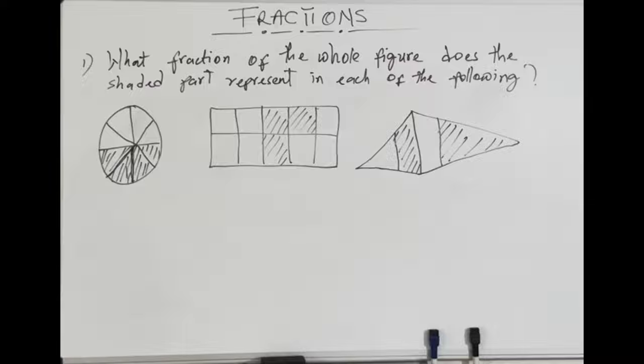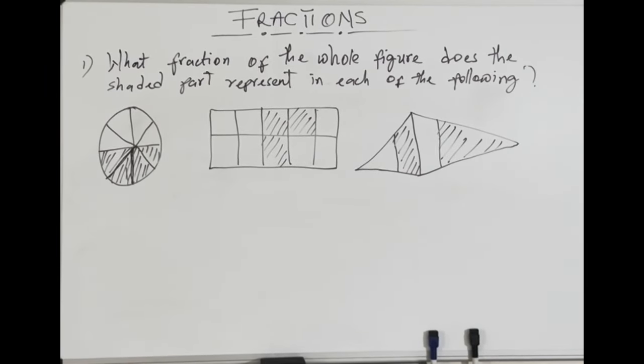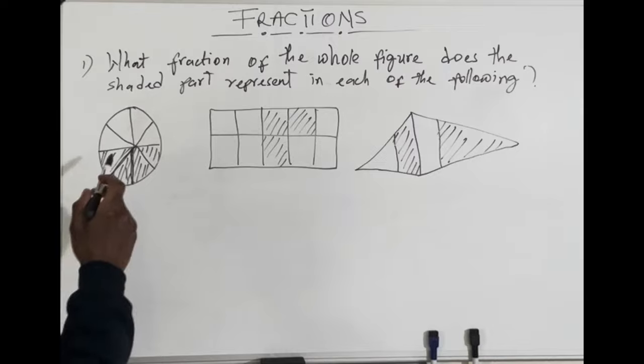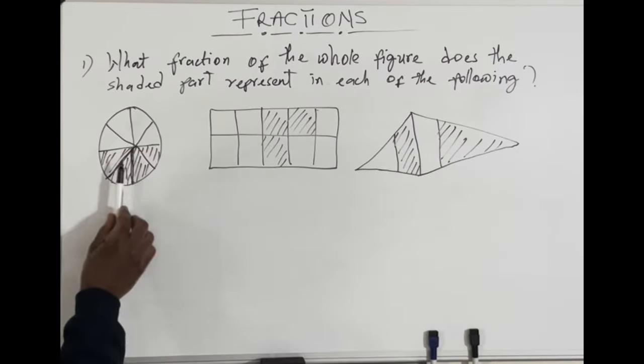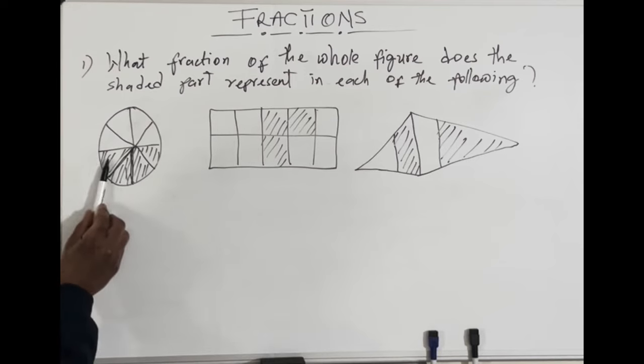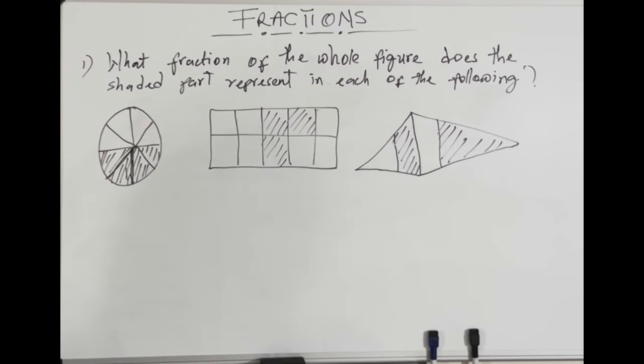So when we have a question like this, what fraction of the whole figure does the shaded part represent in each of the following? It's very simple. You need to just count the divided portions. So let's start from here. 1, 2, 3, 4, 5, 6, 7, 8.